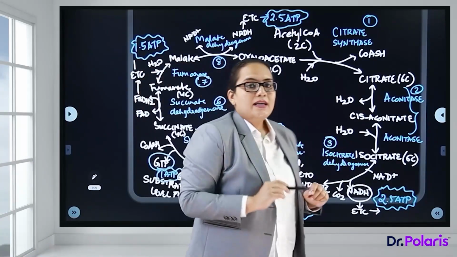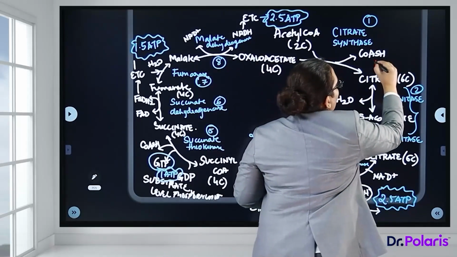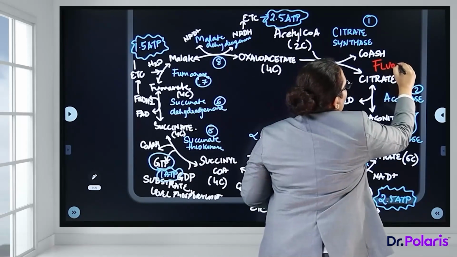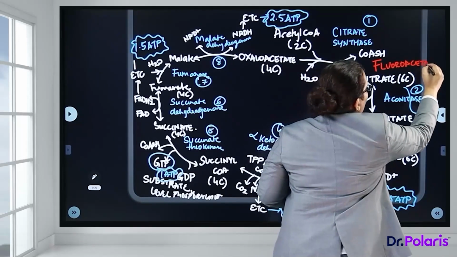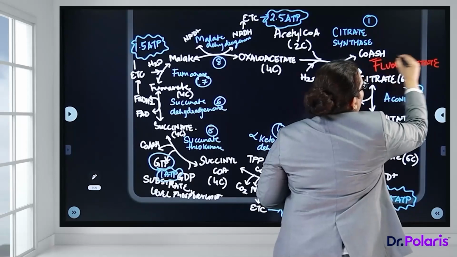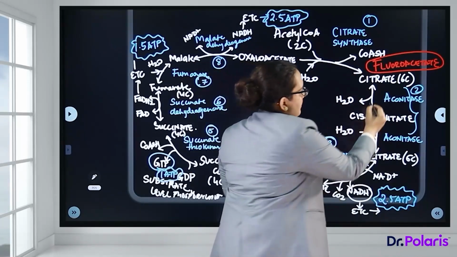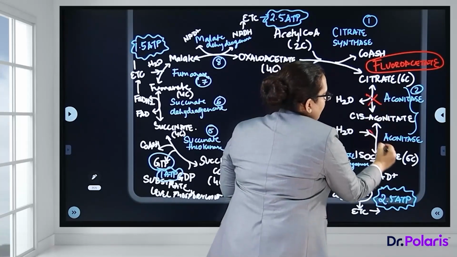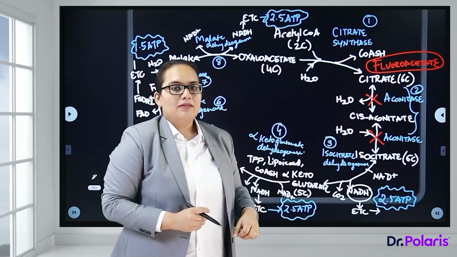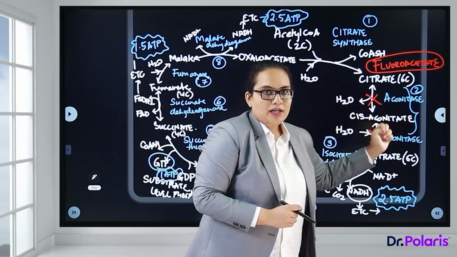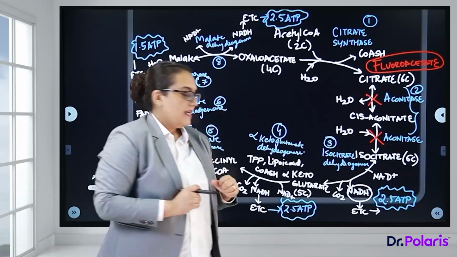The first inhibitor, which is fluoroacetate, inhibits aconitase, which is this. It inhibits these 2 steps in the pathway, which is catalyzed by aconitase. The kind of inhibition that occurs here is non-competitive inhibition.